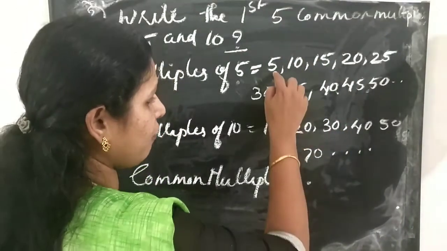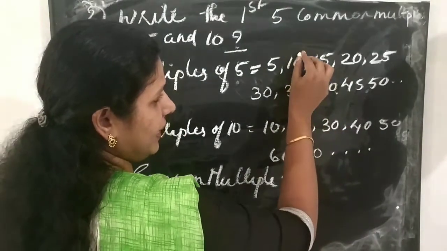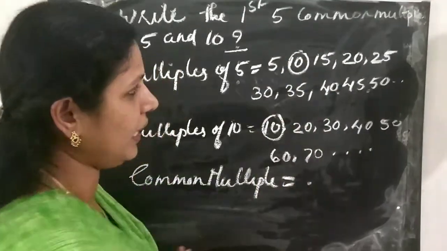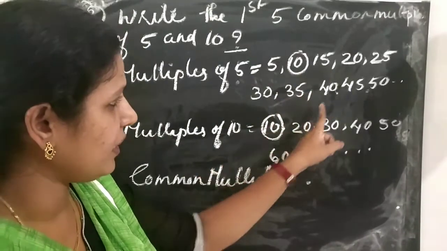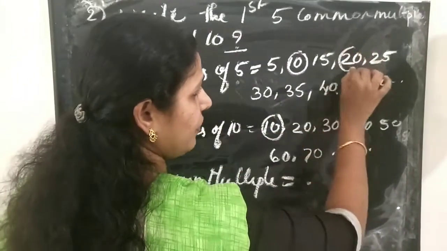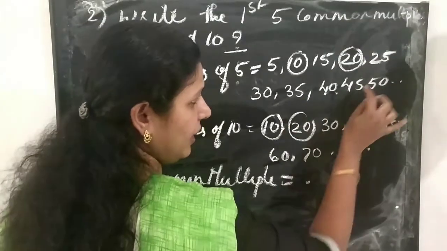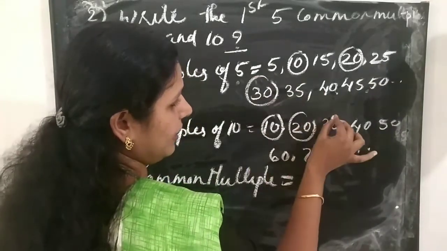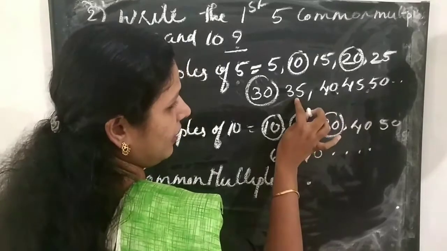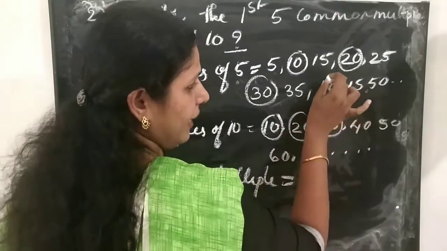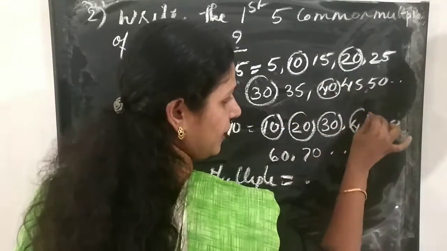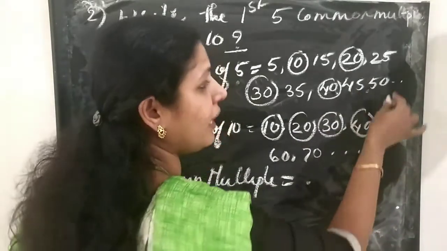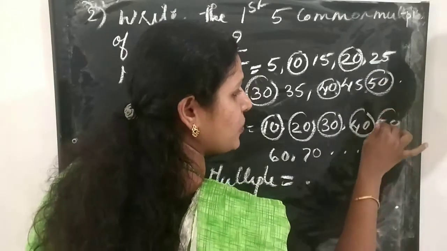Here 5 is not in the other list. 10 is in both. 20 is in both. 30 is in both. 35 is not here. 40 is in both. 45 is not in both. 50 is in both.